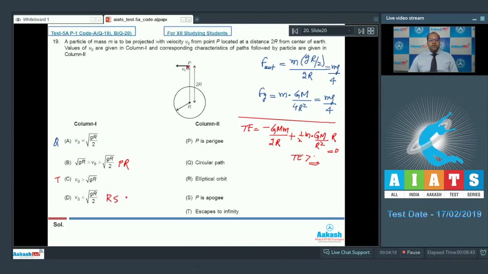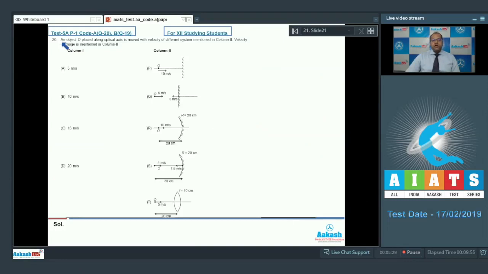Let's move to question number 20. In question number 20, an object O placed along optical axis is moved with velocity in different systems mentioned in column 2. Velocity of image is mentioned in column 1. So if I check the first entry P, since it is a plane mirror, we can say that velocity of image with respect to mirror is equal to negative of velocity of object with respect to mirror.